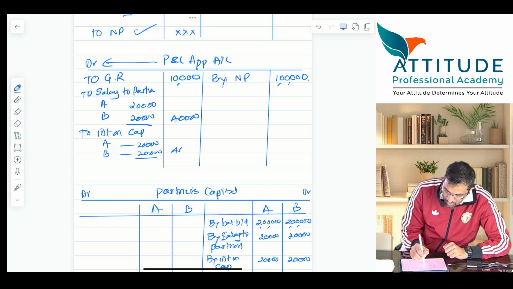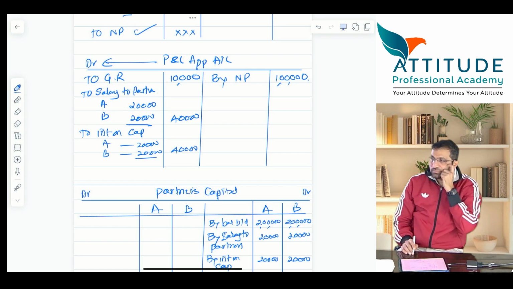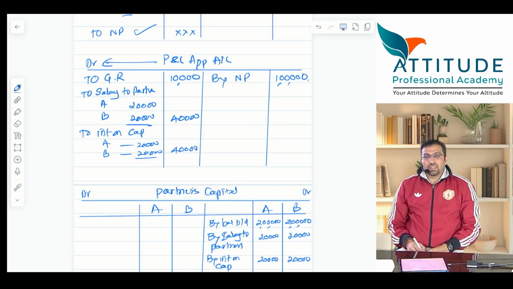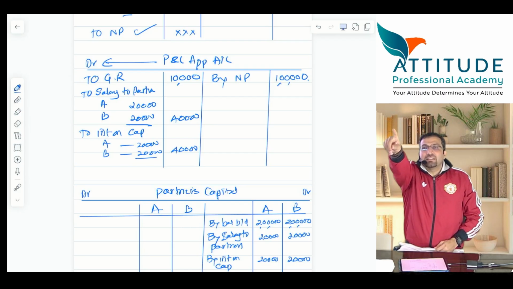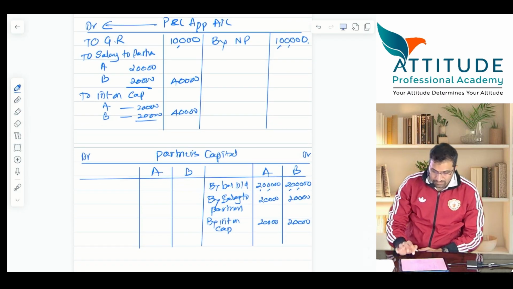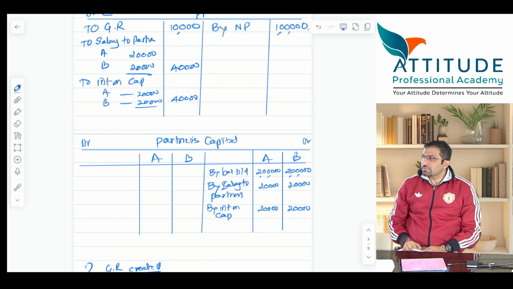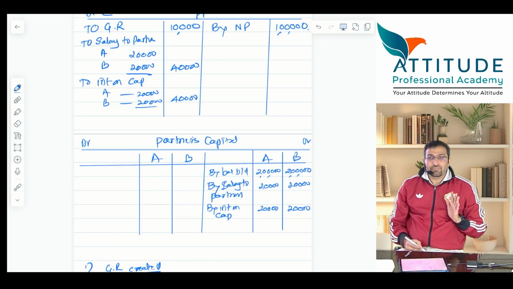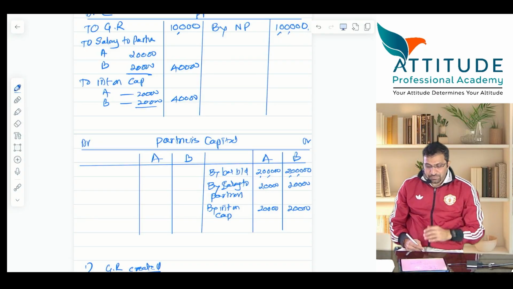Outer column 40,000. कितना बचा? 10,000 बचा. Yes. 10,000 you give it to what? Partners. Assuming there are no drawings here. वो भी आता है, वो भी करेंगे, इसी सम में करेंगे चाहिए तो. Is that clear?